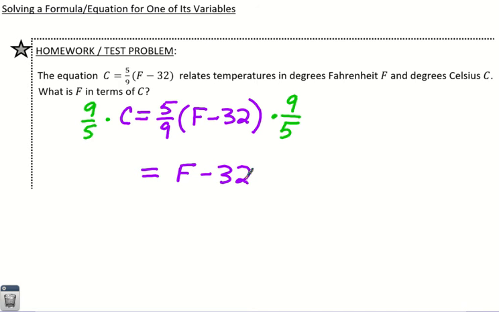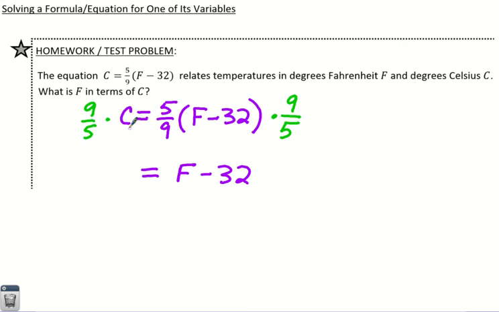Over here, you could leave the fraction separate and say 9/5 times C. Or, let's see, I've got to make an executive decision here. Do I want to write this as 9/5 times C, or should I write it as 9C over 5, remembering that I can think of C as C over 1?